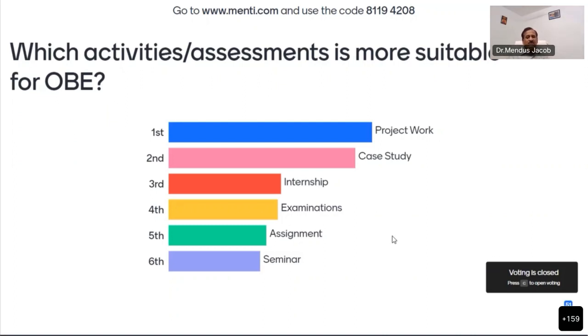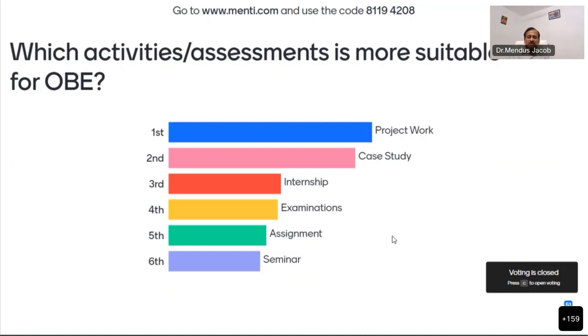Without a thorough study of the topic, he cannot present it. Whereas in examinations, if you just analyze your question papers, most of the questions are coming from the first two levels of taxonomy. So compared to examinations, frequent seminars, or even assignments, are better. In some cases, assignments are also better than examinations.